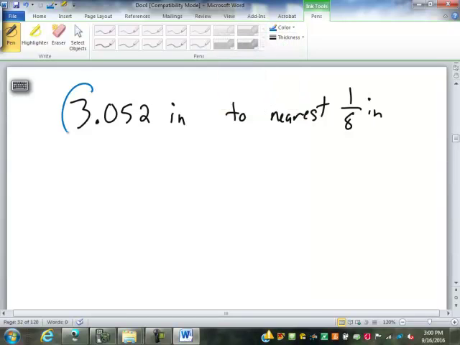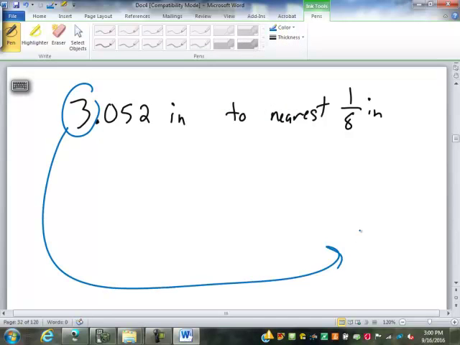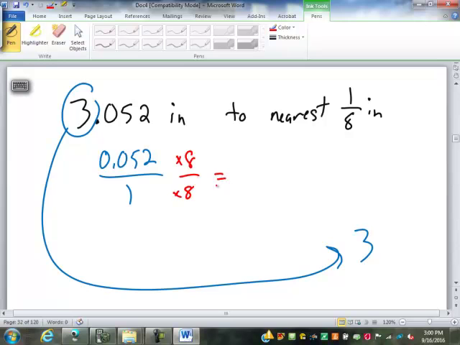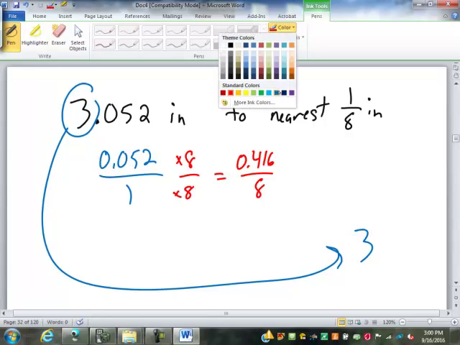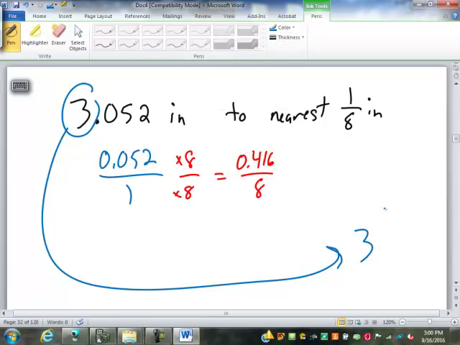Okay, so we keep the 3 inches, take the 0.052 over 1, and then times 8 over 8 gives us 8 on bottom, gives us what? 0.416, which of course rounds to 0, so that's just 3 inches.